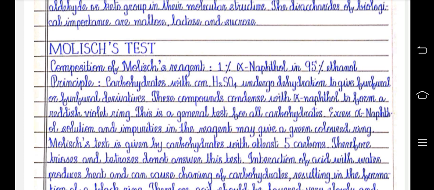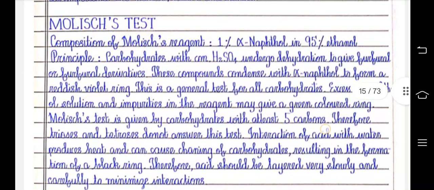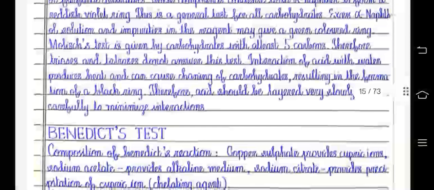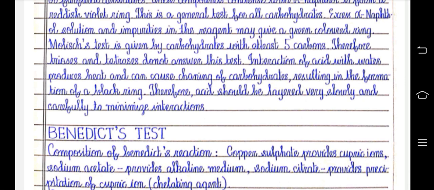Interaction of acid with water produces heat and can cause charring of carbohydrates resulting in the formation of a black ring. Therefore, acid should be layered very slowly and carefully to minimize interactions.